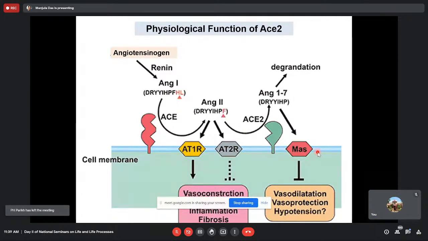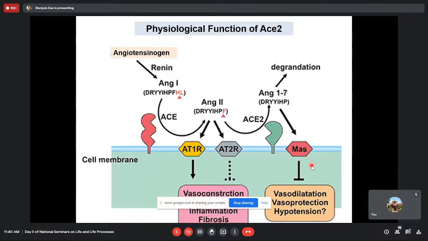ACE2 is a critical enzyme in controlling any excessive vasoactive and growth promoting effects of the renin-angiotensin system. ACE2 catalyzes the conversion of Ang1 to angiotensin 1-9, which in turn can be converted to Ang1-7 by ACE. ACE2 also directly hydrolyzes Ang2 to Ang1-7 with high catalytic affinity. Ang1-7 is a biologically active metabolite that counterbalances the cardiovascular effect of Ang2 through the MAS receptor.